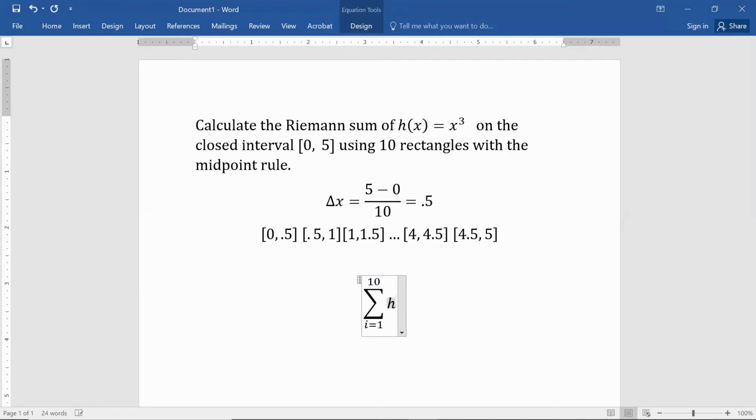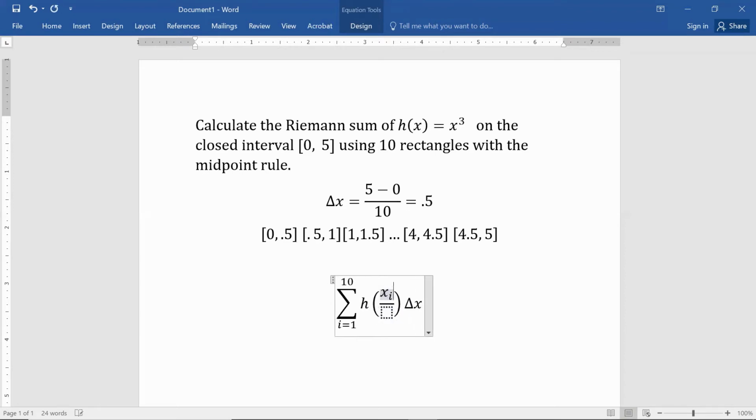In this case, it's going to be h of the midpoint, I'll fill that in a second, times delta x. Some people will just write the midpoint as m sub i. Other people will write out the fraction. How do you get the midpoint?